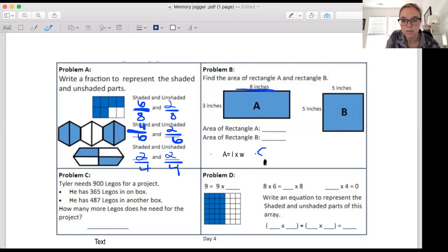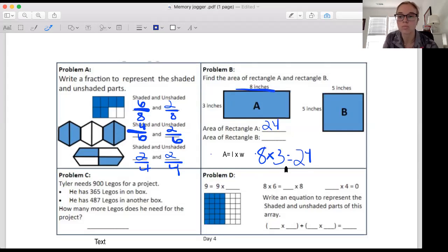So that's going to be 8 times, and our width, which is 3. 8 times 3 equals 24. So our rectangle A will be 24. Remember, we can use our multiplication strategies.